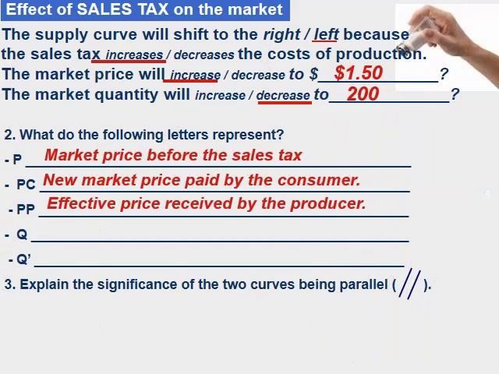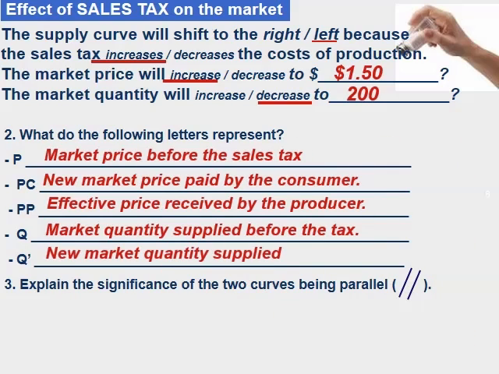Q, of course, is the market quantity before the tax, and Q dash the market quantity after the tax. The significance of the two curves being parallel is that the per unit tax is the same on each salt shaker. It's 50 cents.